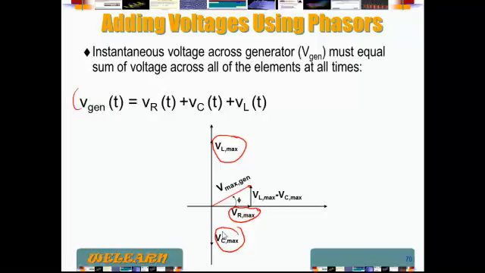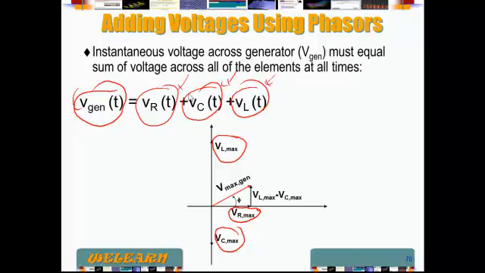Remember also that at any instant we can get the voltage across the generator, or the voltage across each of the elements, by looking at the y component of the vectors. We can look at the y component of VL, VC, and VR. Now, once we get these, we can use these to find Vgen.